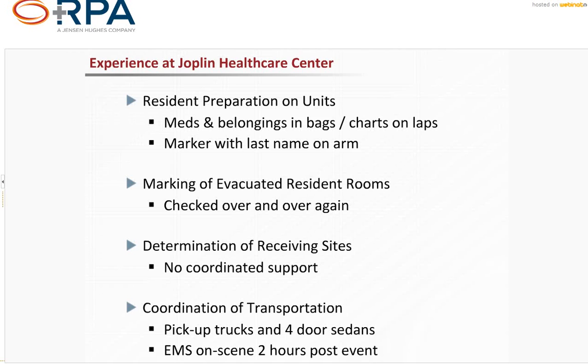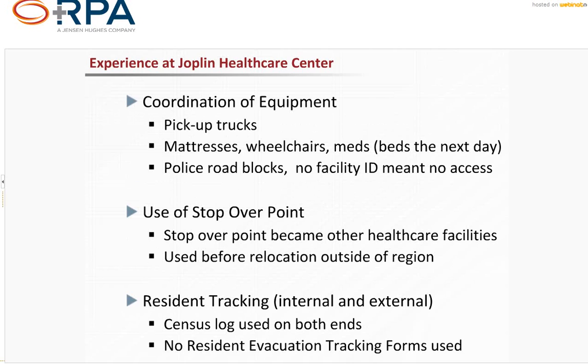They coordinated their own transportation using personal vehicles, buses, trucks, whatever they could get their hands on from the surrounding community and staff, to transport people to the receiving sites, which they were able to determine through multiple levels and phone calls.